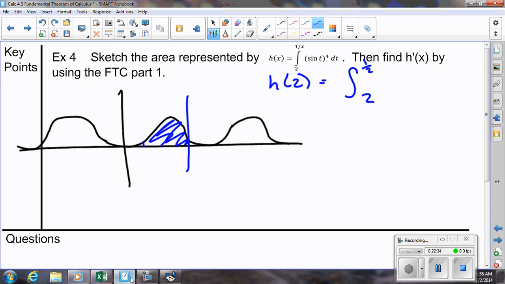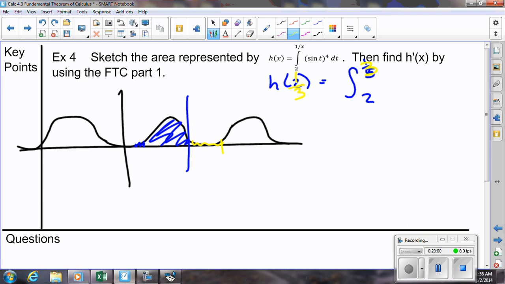If we're plugging in x equals 5, then we're saying the area from 1/5 over. And if we plug in h of 1/3, 1 over 1/3 is going to be 3, so that's giving us the area from 2 over to 3.